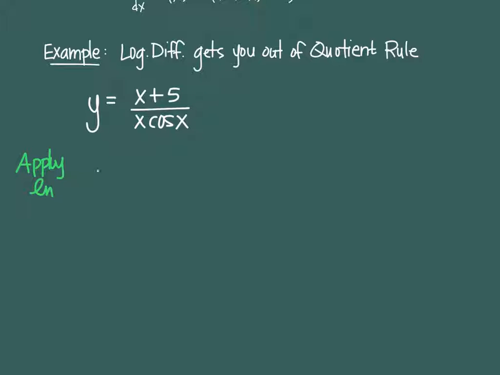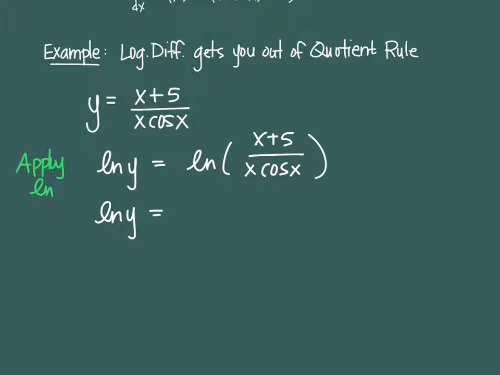On both sides, so we'll have the natural log of y is the natural log of (x plus 5) over the quantity x cos x. Now there's no power to pull to the front, but there are some other rules and properties of logarithms that I can use. When a logarithm has a division problem inside, do you remember what you could do with that? You could subtract.